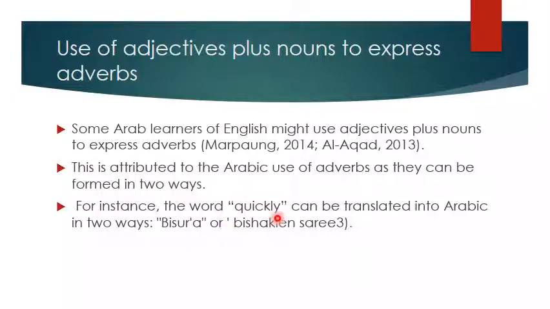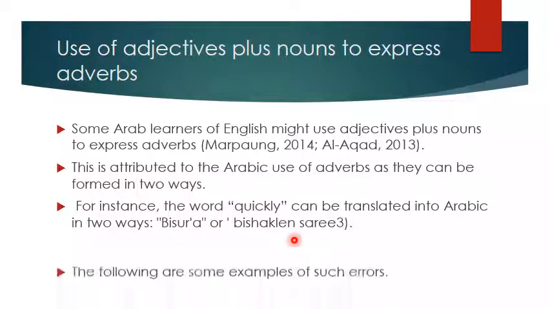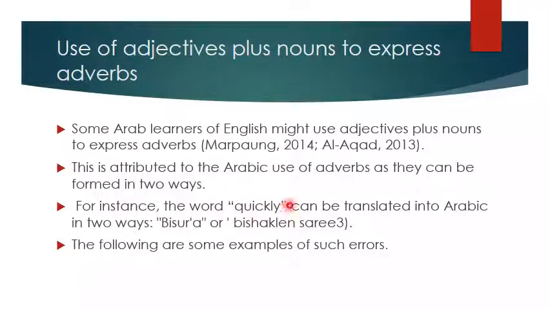So Arab speakers translate quickly into either بسرعة or بشكل سريع, and both are correct. You can either say بسرعة or بشكل سريع. طيب, how does this influence the English language used by Arab learners?